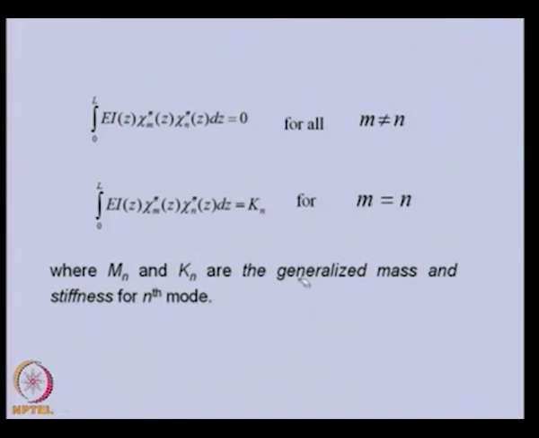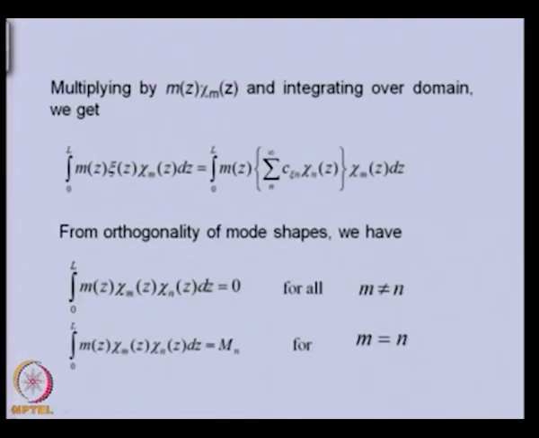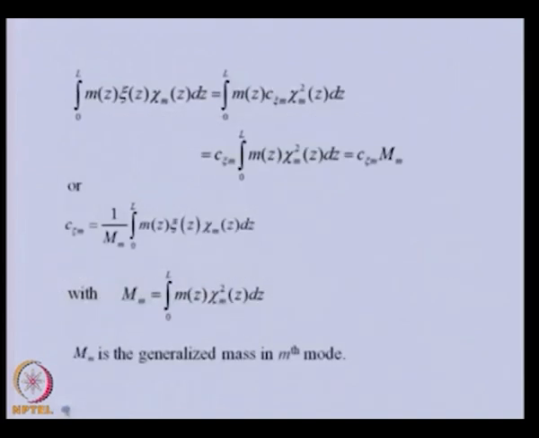Here modal mass and modal stiffness have been defined. In vibration they are called generalized mass and generalized stiffness for one particular mode. Using this orthogonality condition, we can simplify the previous equation which we multiplied.